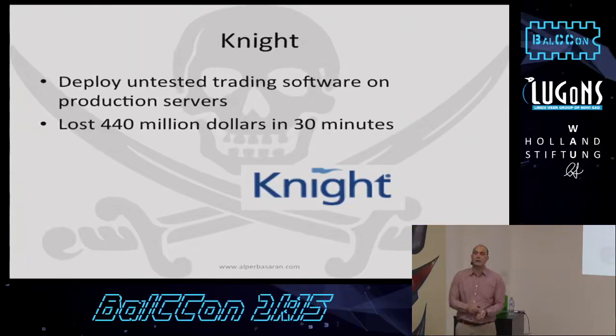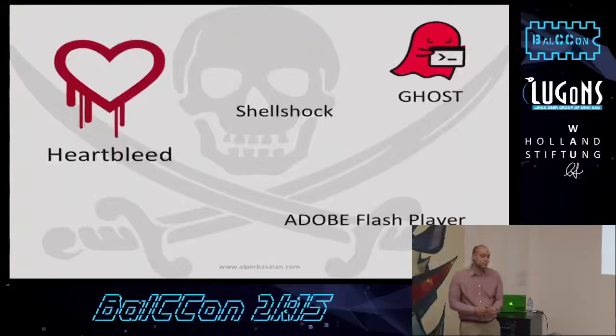And they decided to update this software, and without testing it, they deployed the update. And what happened is that in around 30 minutes, they lost over $400 million because the software was buying high and selling when the prices dropped. So again, mistake.